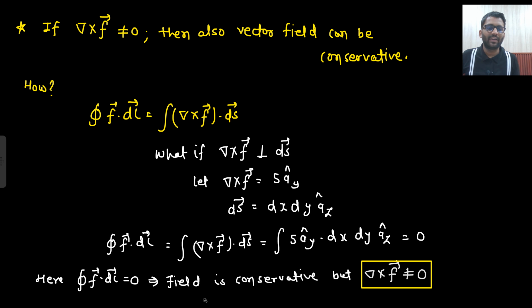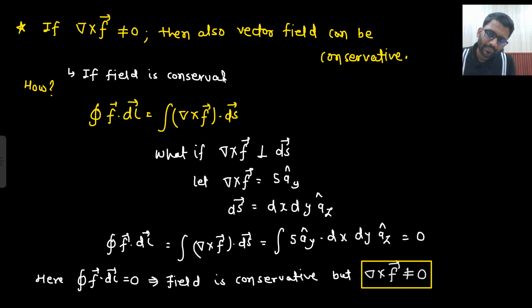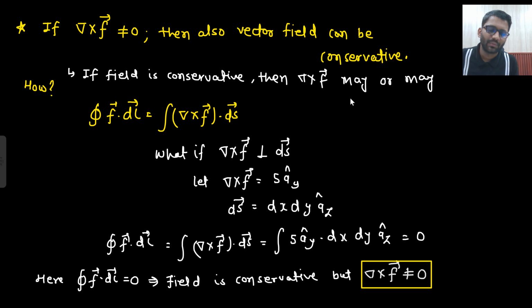So what is the statement we can write? If the field is conservative, then del cross f may or may not be 0.